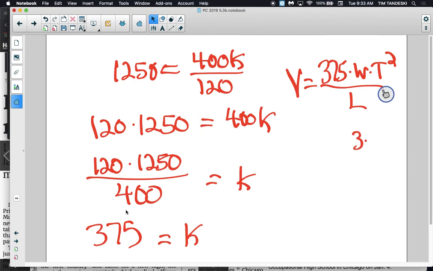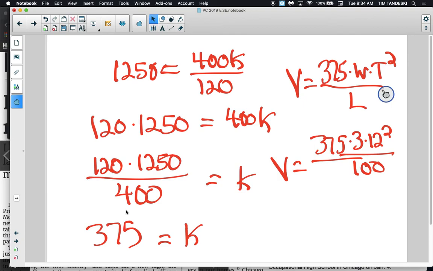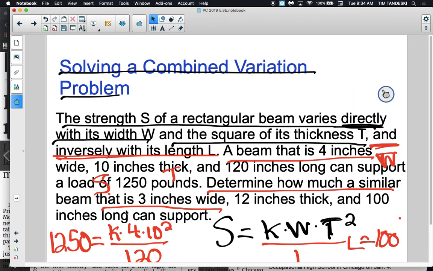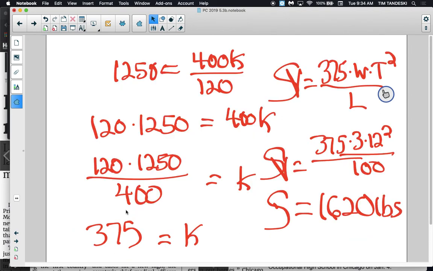We've got 3, we've got 12, and we've got 100. Now it's just plug and chug, and we can do that calculation. 375 divided by 100 is 3.75, times 3 times 12 to the second power. The amount it can support is 1,620 pounds.